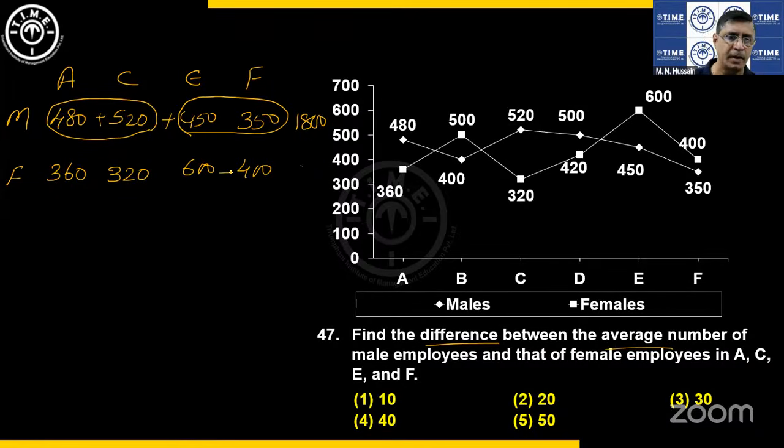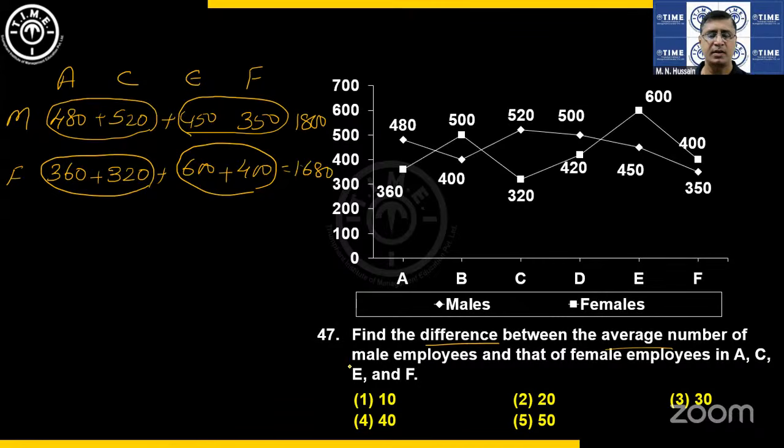Now, similarly, by adding these, 2,000, and the sum of these two values, that is 680. 680 plus 1,000, 1,680.